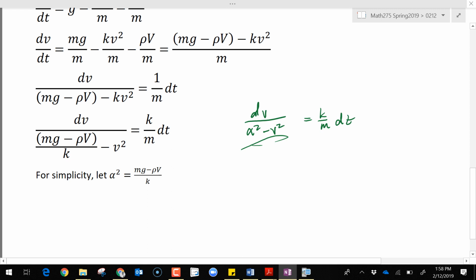Integrating this, you can use partial fractions, because this would be the difference of two squares. So it'll be alpha minus v and alpha plus v, which is easier to integrate, I think. The thing is that we're going to be carrying this big constant around whenever we're working this out.